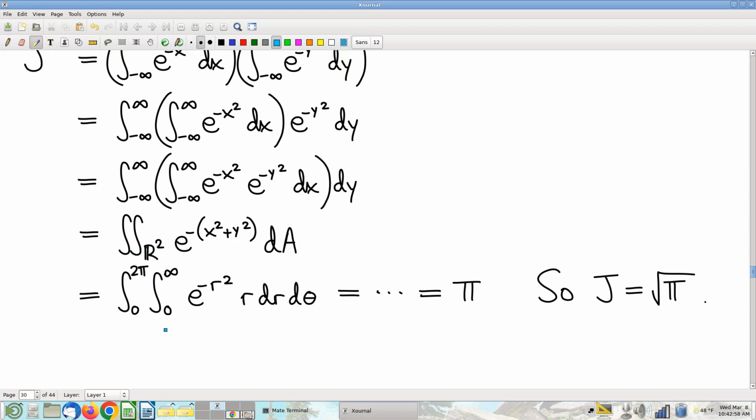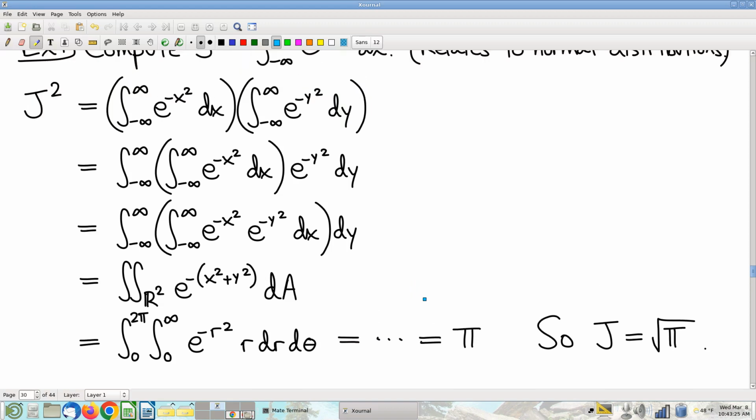And now when you look at this new inside integral, no problem, easy substitution. Thankfully, that stretching factor of r is exactly what we needed in order to allow a substitution to be possible. And so this is, I'm going to call it, an easy iterated integral. Perfectly doable. And it turns out that the value of this is pi.